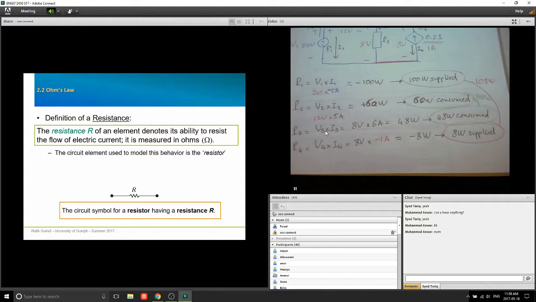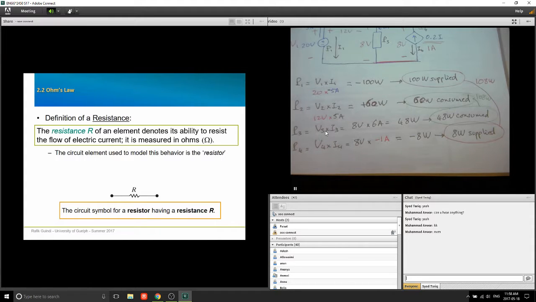The resistance R of an element denotes its ability to resist the flow of electric current. It is measured in ohms. That's the physical meaning of what it is to have a resistance.